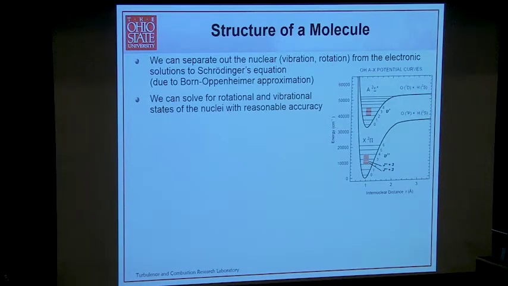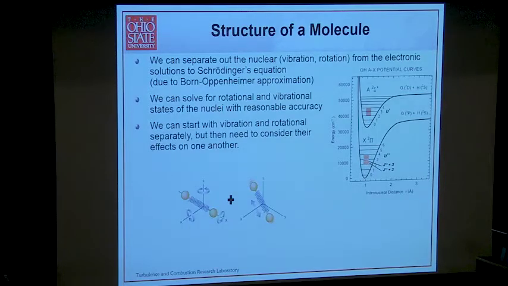So we can solve for rotational and vibrational states of the nuclei with reasonable accuracy. I'll talk about later, it's the electronic that there's not really nice solutions for. You can do them with ab initio, but then they have so many rules that change per molecule, and they're very difficult to deal with. But for the pure rotational and the vibrational states, we can actually solve with reasonable accuracy.